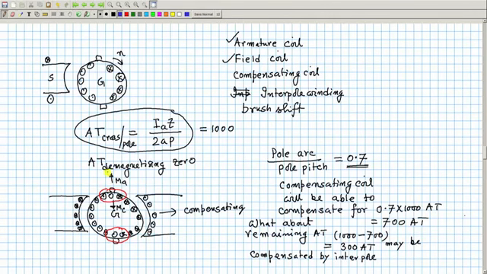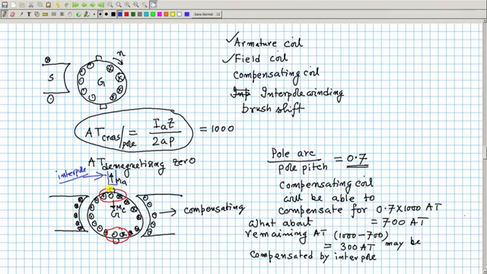Here I will connect the interpole. The interpole is also to be connected in series with the armature. So, if I know the total armature current, then per pole, to find how many turns I have to put, I will simply divide this 300 by that armature current and get the number of turns.